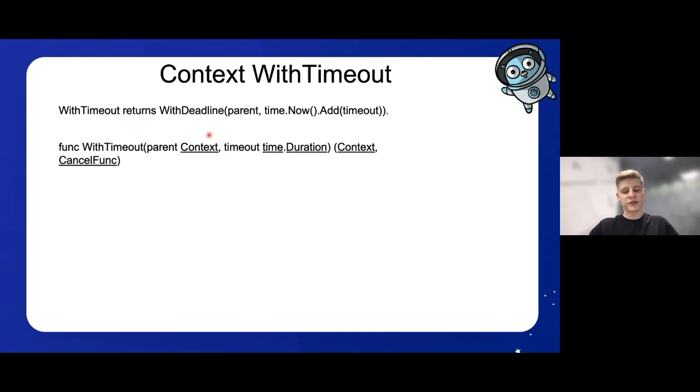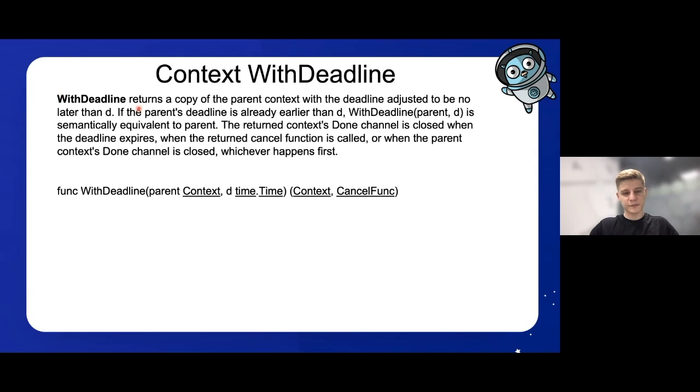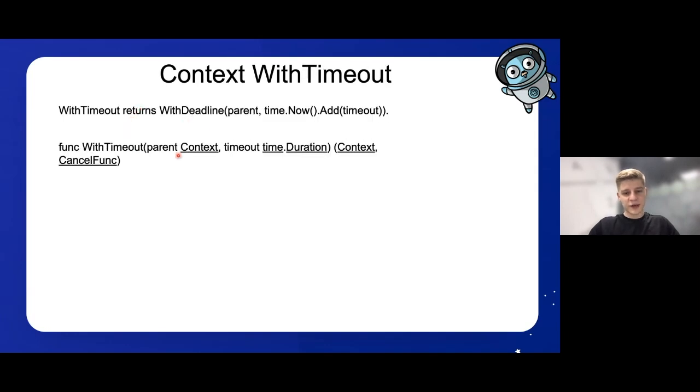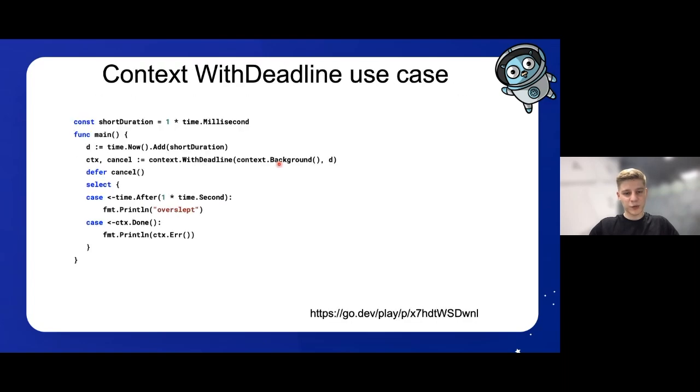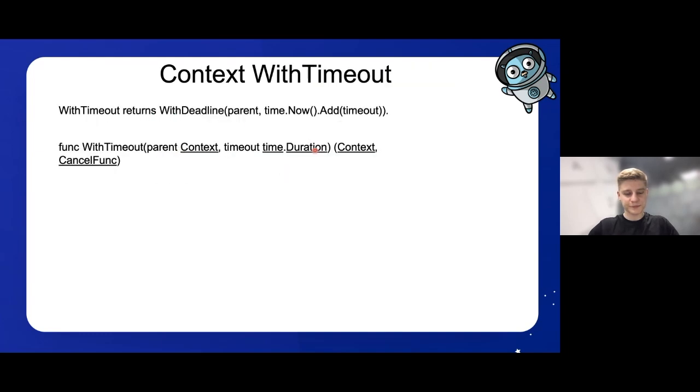With timeout looks quite the same as a deadline, but we put inside of the parameter not time but duration. But basically, what we made here, under the hood, it works in the following way. It just adds time now and adds some duration that we send to the parameter here.